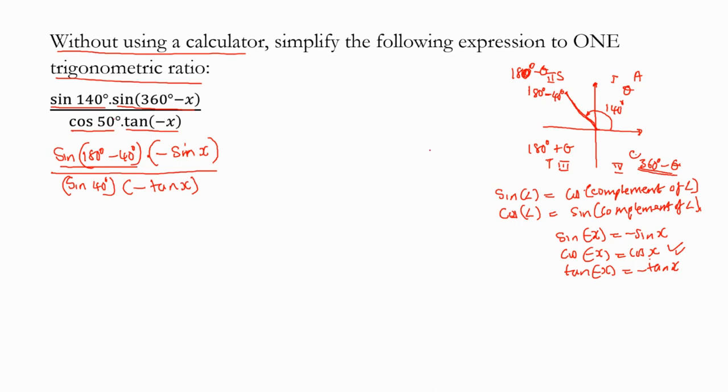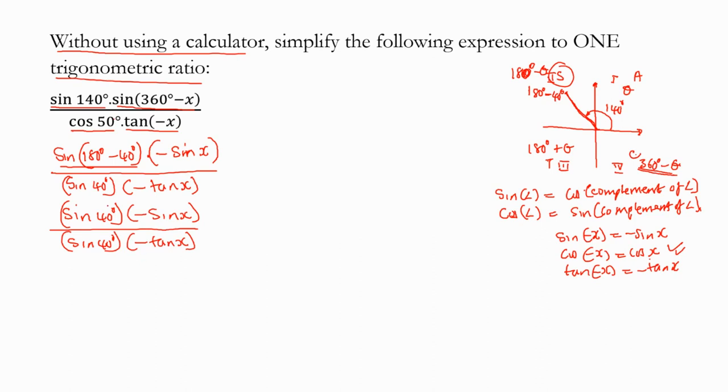We say that sine in the second quadrant is positive, so this is sine 40 degrees, right, times negative sine x, all this over sine 40 degrees times negative tan x.